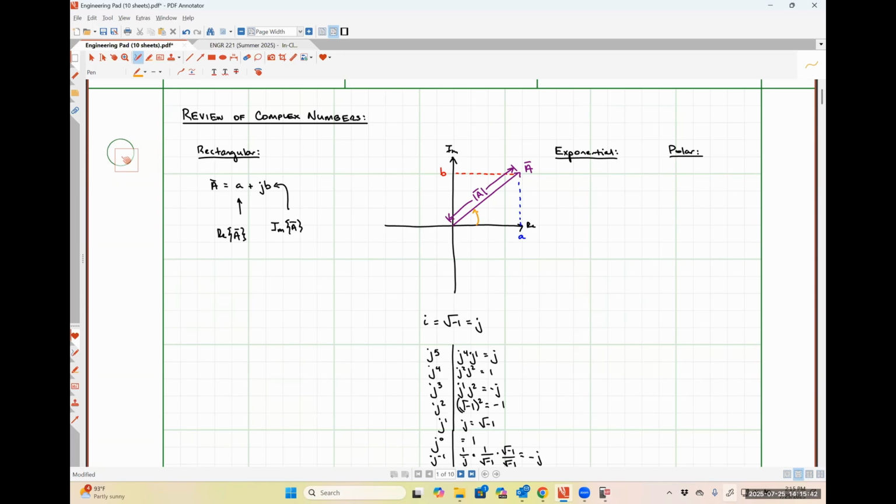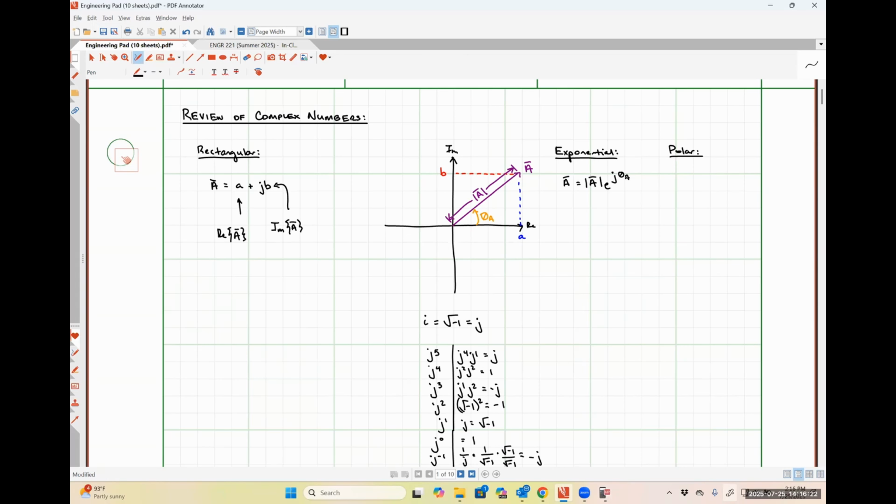We are going to measure counterclockwise until we hit our complex number vector there, and I'm going to call this angle theta A. So in exponential form, our complex number A is given by the magnitude of A, which is just the length of the complex number, multiplied by a factor of e to the j times theta A. So that is our exponential form.